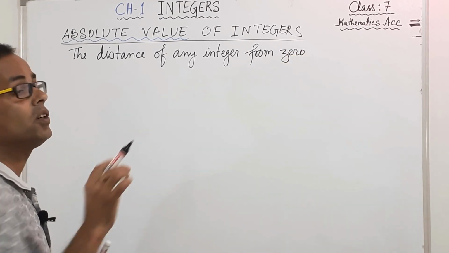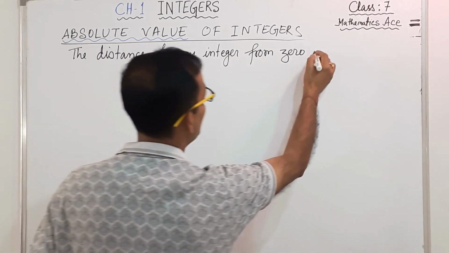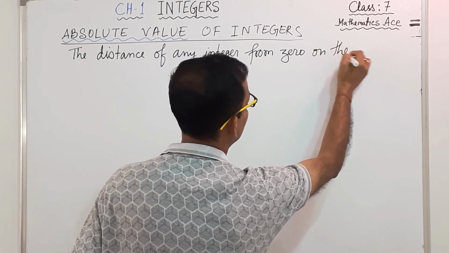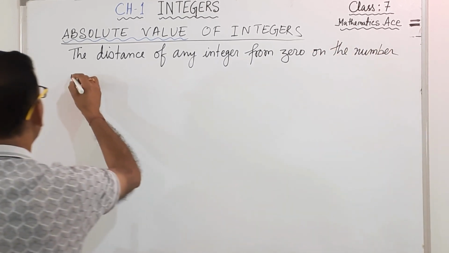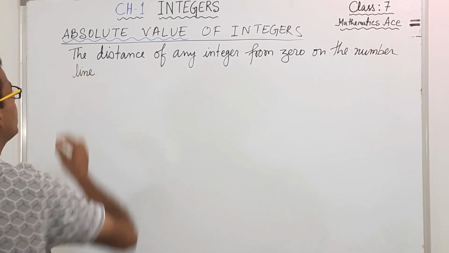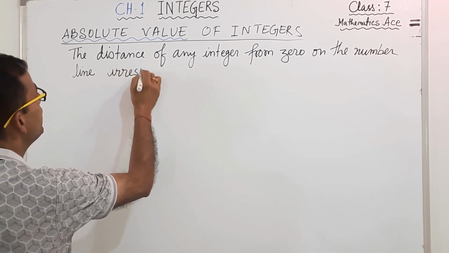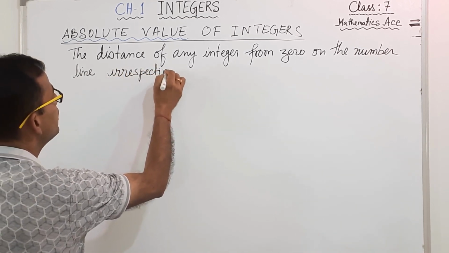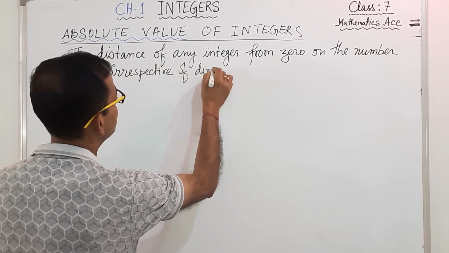The distance of any integer from 0 on the number line, irrespective, this is very important, irrespective of direction.